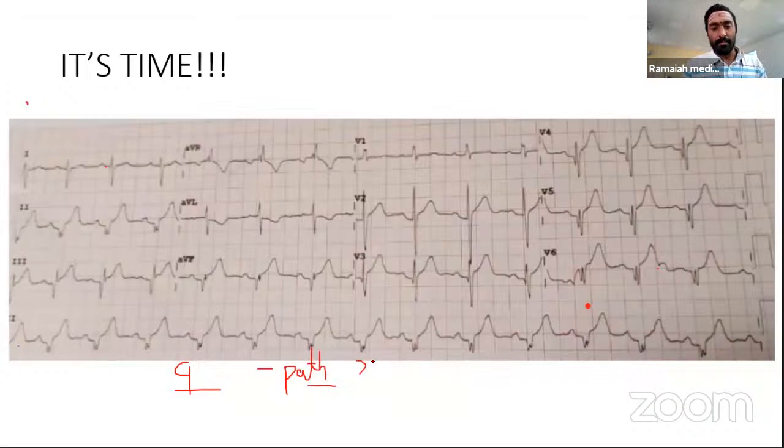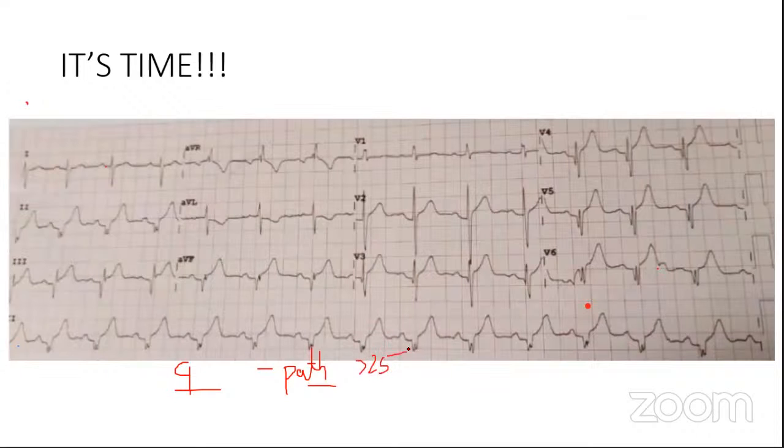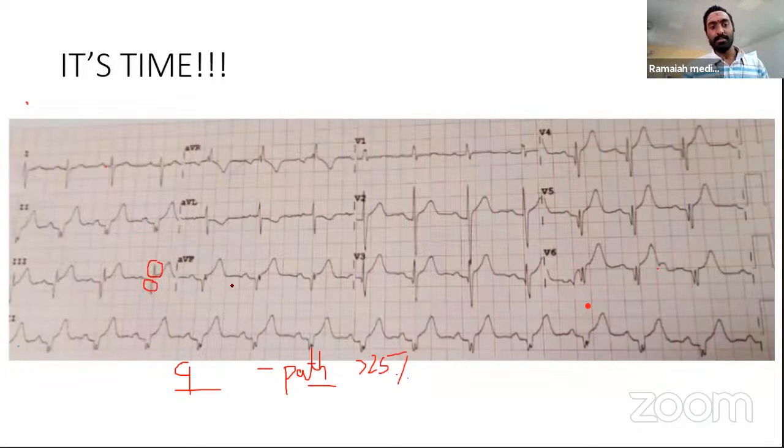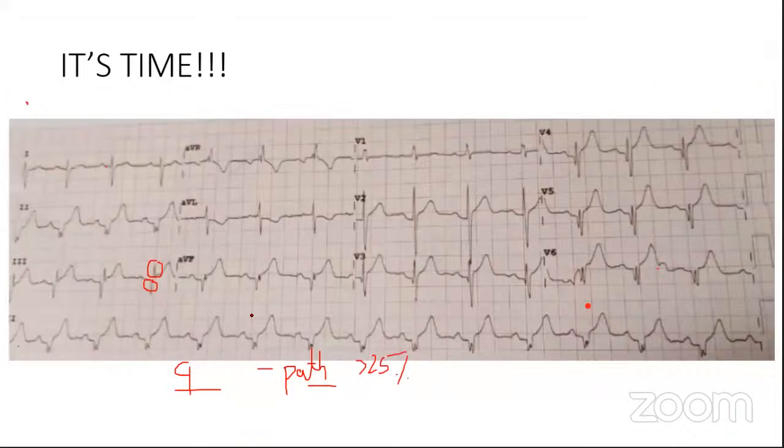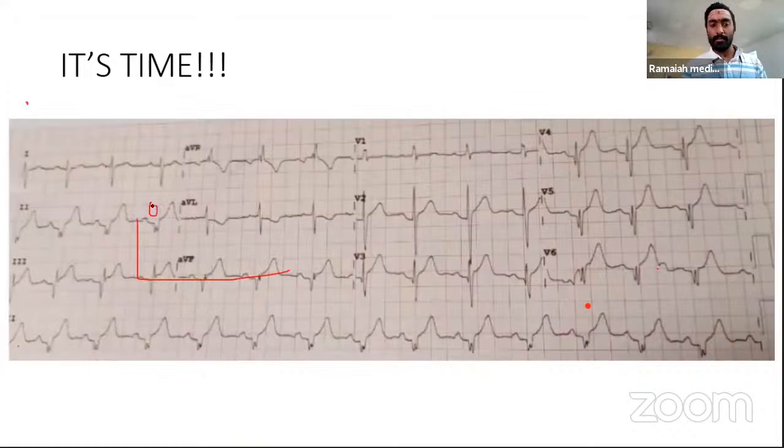It should be more than 25% of the R wave height. See this Q wave, how much it is. Yes, sir. Okay, so here it is pathological. Here it is QS. We don't have R, only here in 2 and AVF. In lead 3, we have a small R wave. Good.